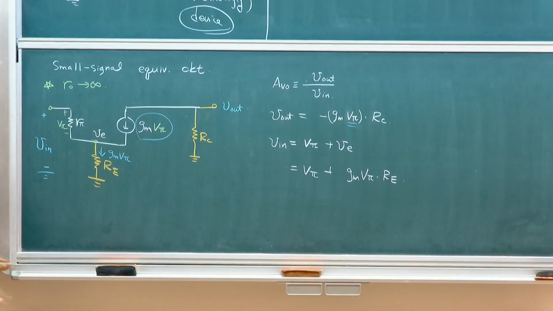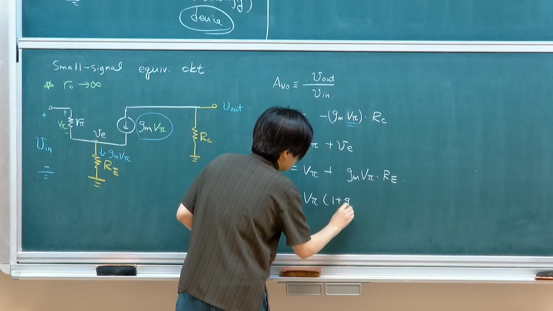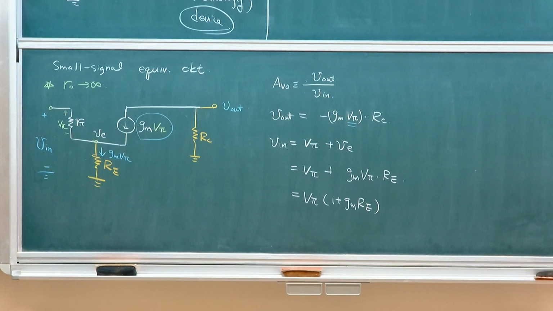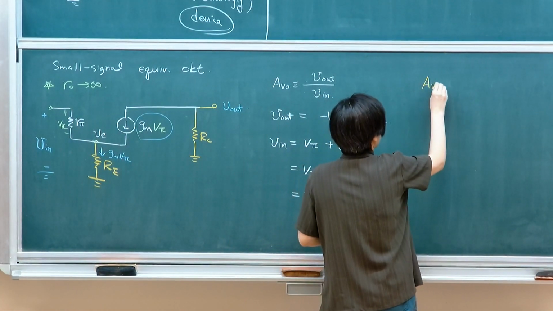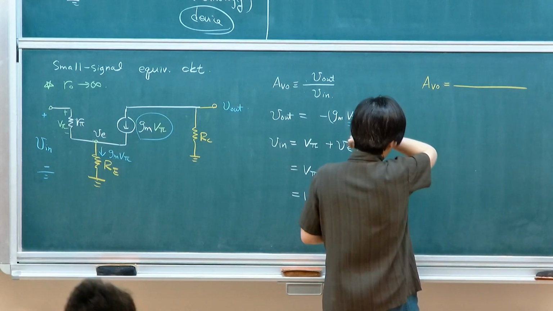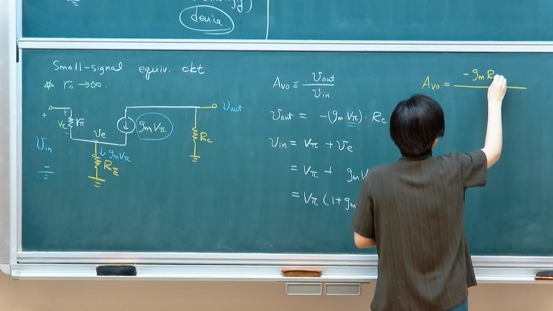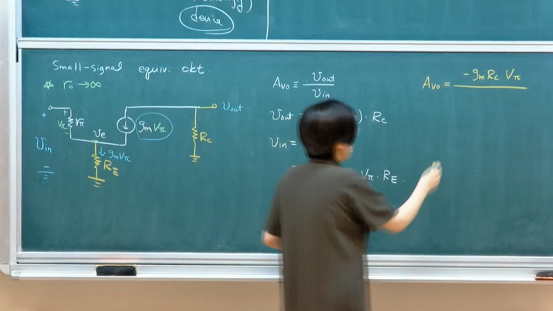So then I get an equation between V pi and V in. Make sure I don't make a mistake. So simply divide these two, and we get the voltage gain. The numerator is gm RC V pi, I'm taking out V pi, and do the same thing for the bottom.